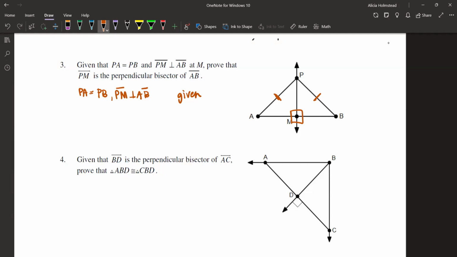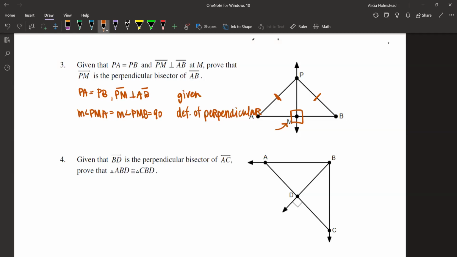Okay, because they're perpendicular, as we drew on our image, we know that the measure of angle PMA is equal to the measure of angle PMB, which has to be equal to 90. That is the definition of perpendicular. Okay.